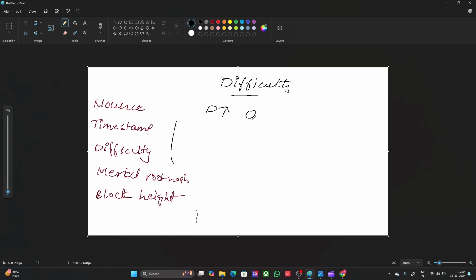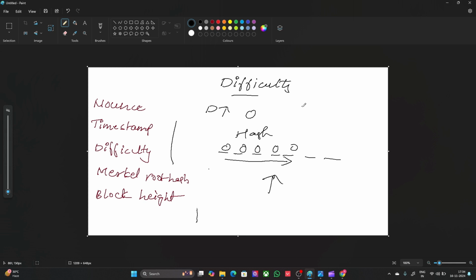Whatever hash we are getting out of the data, if the leading characters are more zeros, then the difficulty also increases.